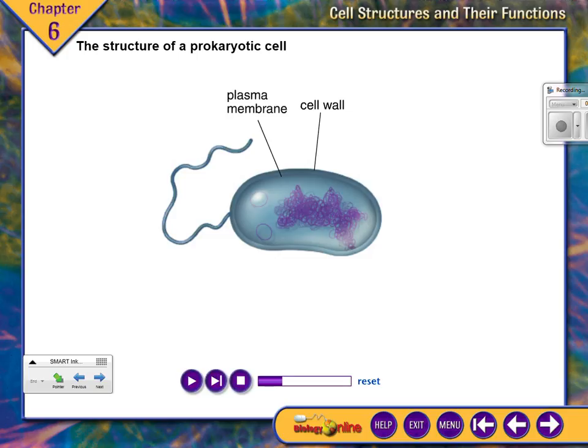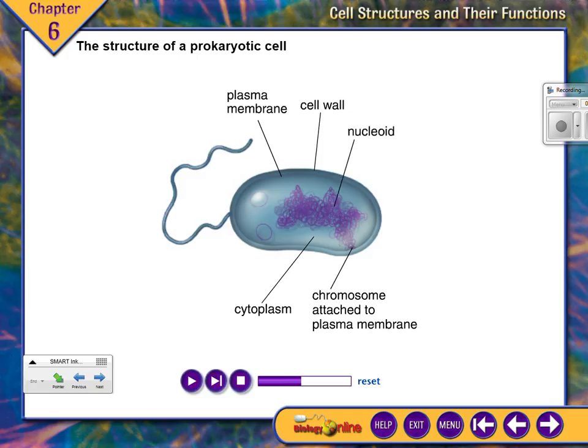Prokaryotes usually have one chromosome made of a continuous circular molecule of double-stranded DNA, which is surrounded by cytoplasm. The chromosome is attached to the plasma membrane in an area of the cell known as the nuclear region, or nucleoid. In addition, bacteria usually contain one or more smaller circular DNA molecules called plasmids.